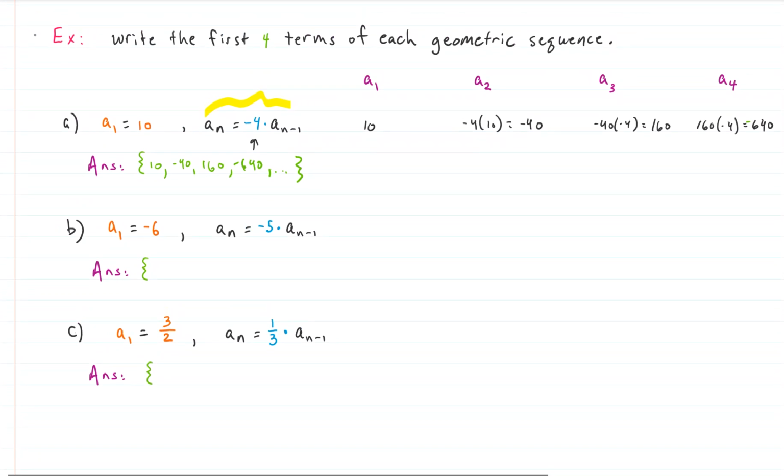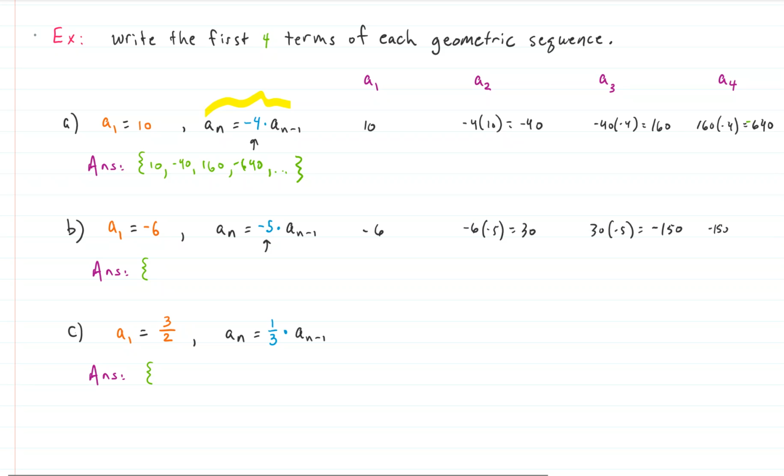Let's look at B. So we look at B, the first term, a sub 1, is given to us as negative 6. And we can see that negative 5 is the common ratio. So negative 6 times negative 5 gives us 30. And then we have 30 times negative 5 gives us negative 150.